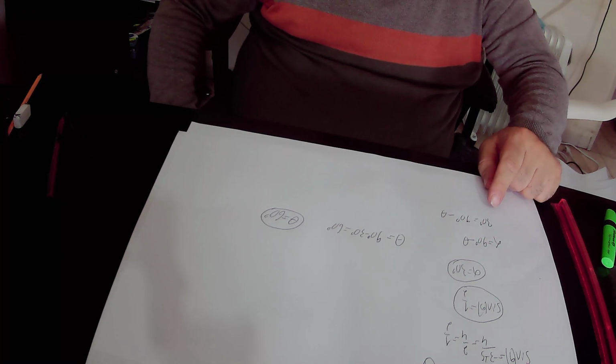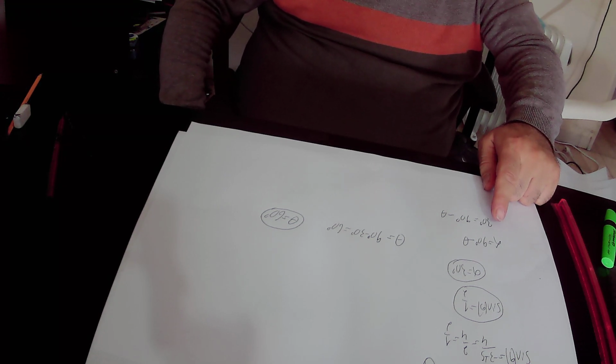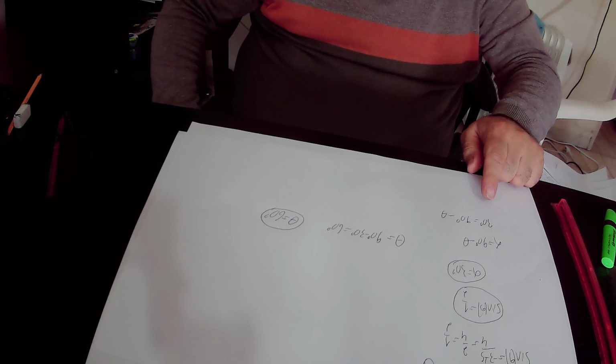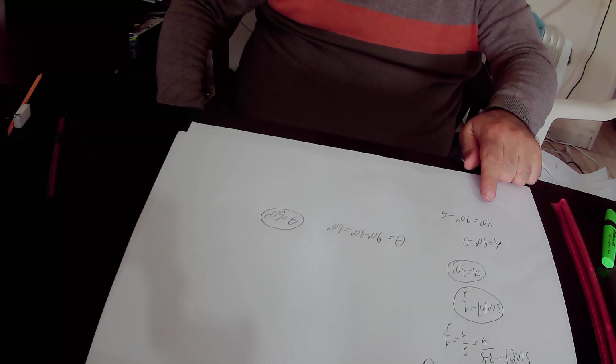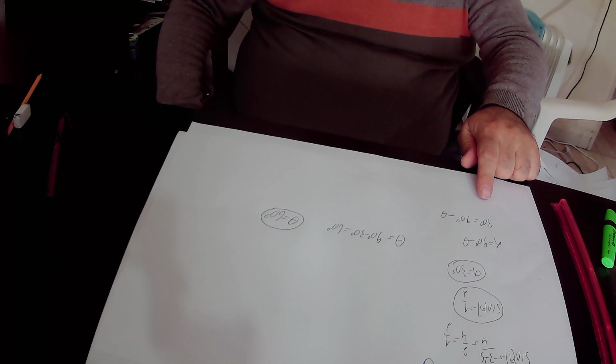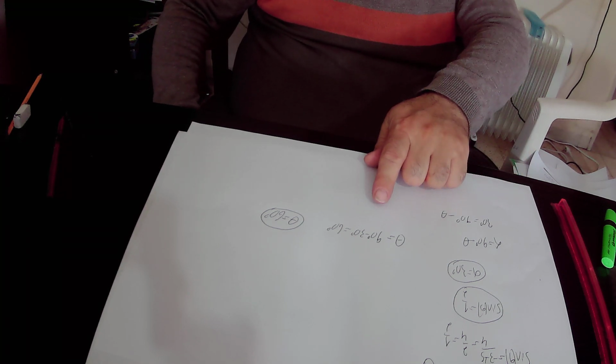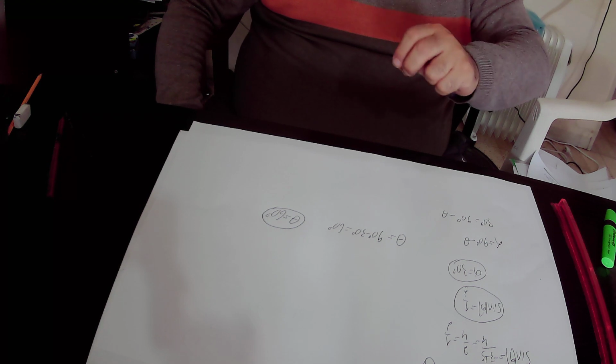We did it, and we got that 30 degrees equals 90 degrees minus theta. We added theta to this equation, and we subtracted 30 degrees, and we found that the angle theta equals 90 degrees minus 30 degrees, that is to say angle theta equals 60 degrees.